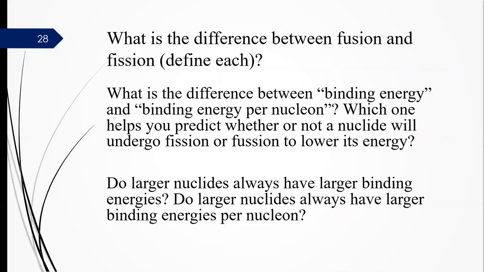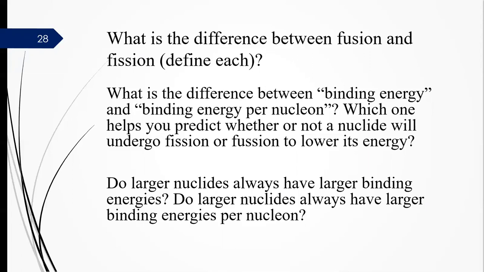The last question after that is a little bit more like those essay type problems where you guys have to justify it. It talks a little bit about binding energy versus binding energy per nucleon. The difference between binding energy and binding energy per nucleon is kind of a conceptual type of question.